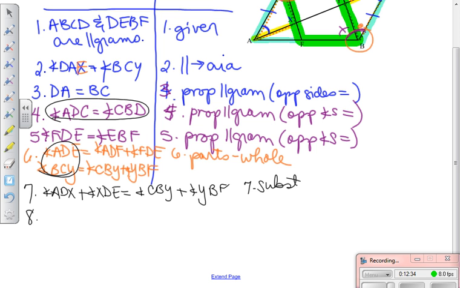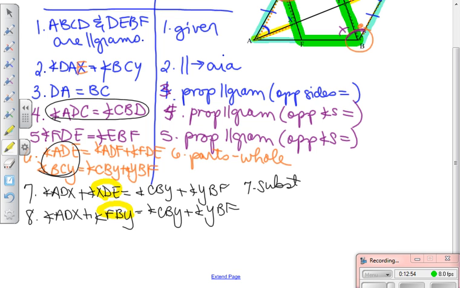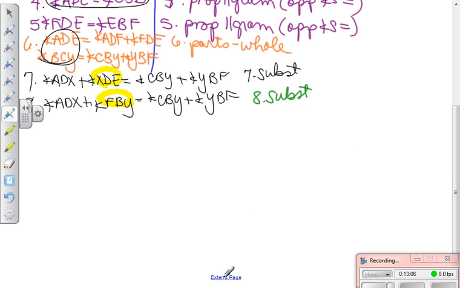And when I do that substitution, I have angle ADX plus angle FBY is equal to angle CBY plus angle YBF. So I replaced right here. If I have FBY, YBF on both sides, then I can subtract that value from both sides, and I have angle ADX is equal to angle CBY by subtraction.